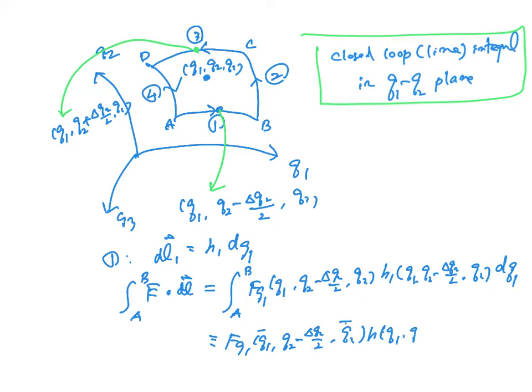Q2, Q3 are the same. Q1 bar, Q2 minus delta Q2 over 2, Q3, delta Q1. So this is the mean value theorem.